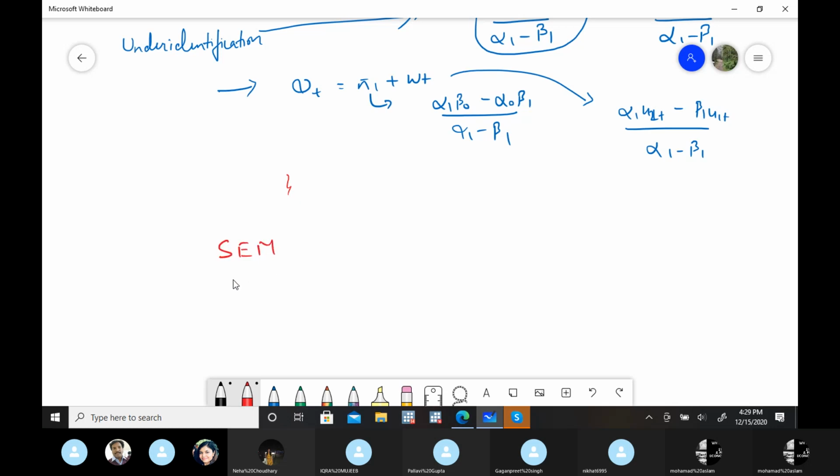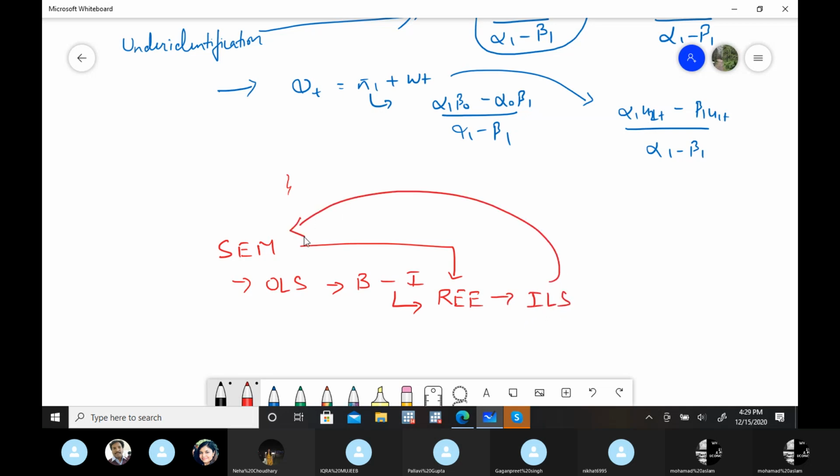Simultaneous equation models. If you simply run the OLS by incorporating those two models, you will get two problems of biasness and inconsistency. If you convert these simultaneous equations into reduced form equations, then with the indirect least square method, you can get estimates of all those equations. But in this process, many times there is a problem of over identification and under identification.